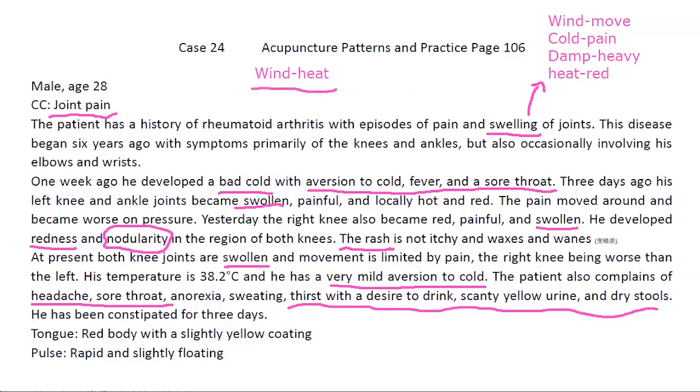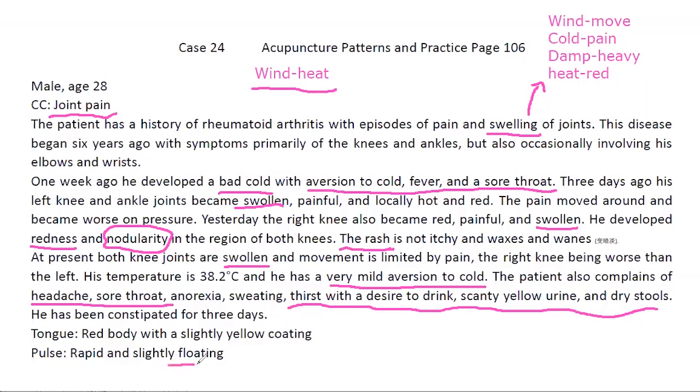External wind heat usually does not cause thirst and desire to drink, or even scanty yellow urination and dry stool. Those are internal heat symptoms. But this internal heat is coming from the external, meaning external heat goes deeper and then damages body fluid, leaving heat inside. So for this kind of case, we still try to relieve the external.